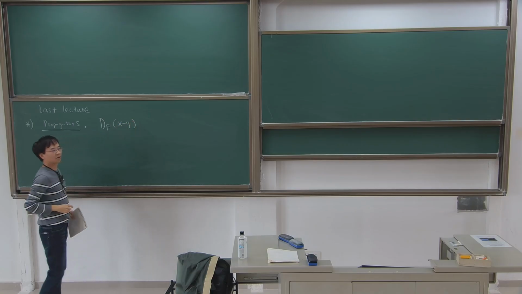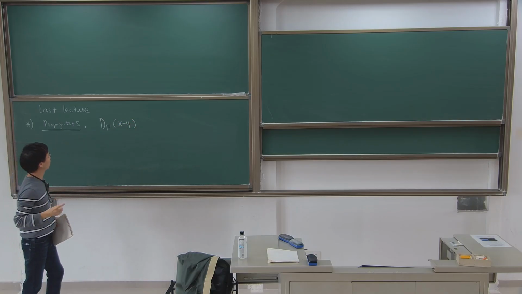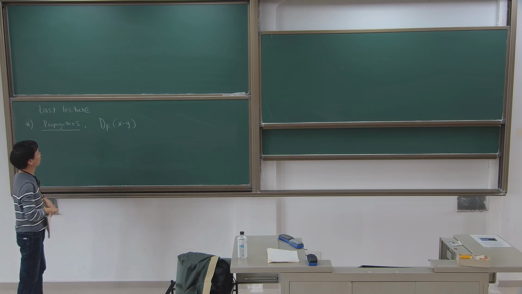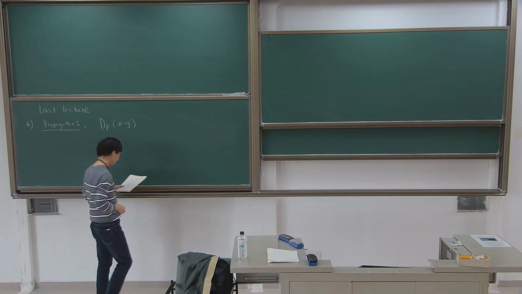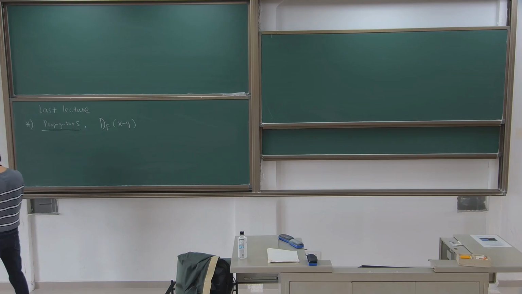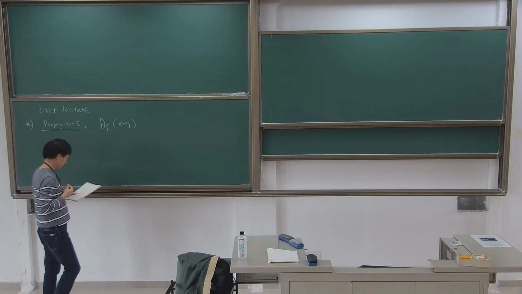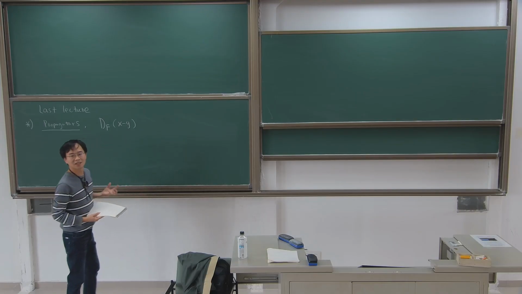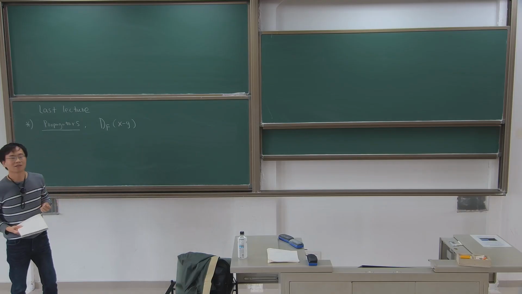We will use it quite often later in this course, which is the so-called Feynman propagator, known as G_F. And we saw in our lecture that this is defined with time ordering, the time-ordered two-point function.